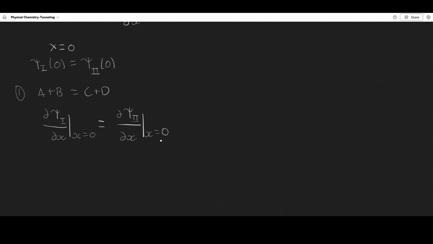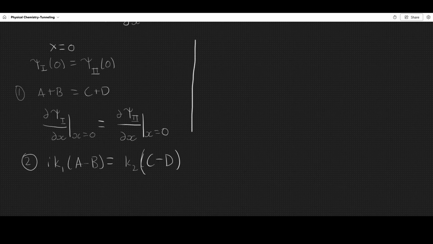What that simplifies down to is i k1 times (a minus b) is equivalent to k2 times (c minus d). So that's our second equation. Okay, perfect. So now we have the two equations from x equals 0, but what about the other boundary? We need to do that one too.